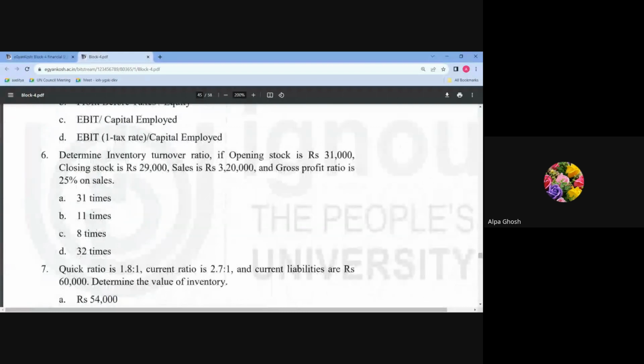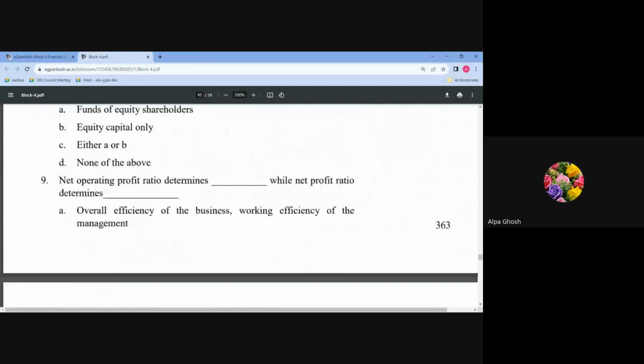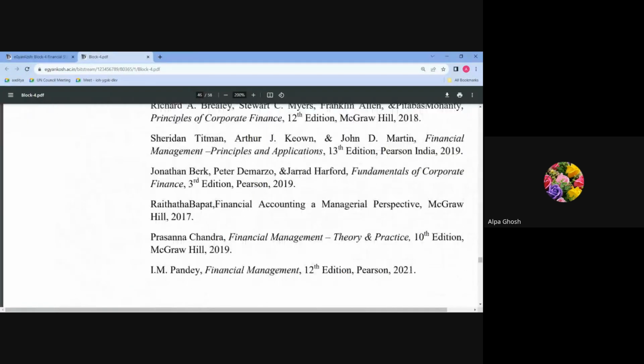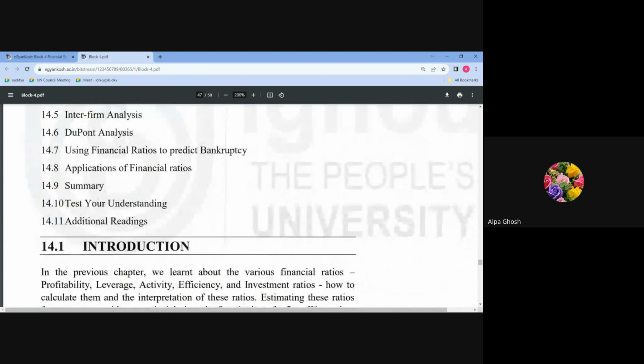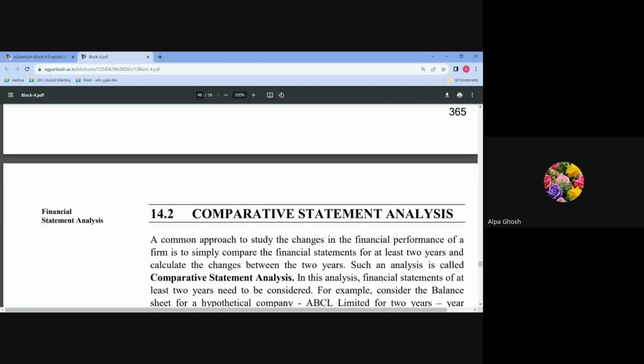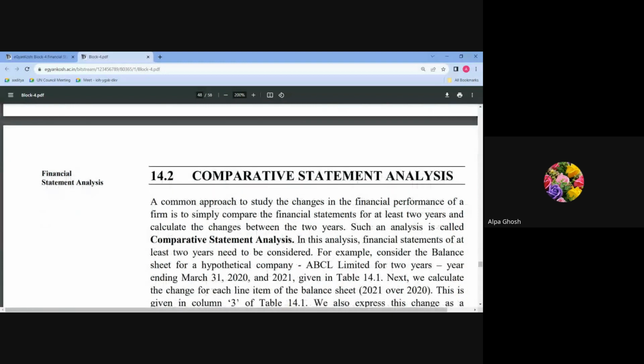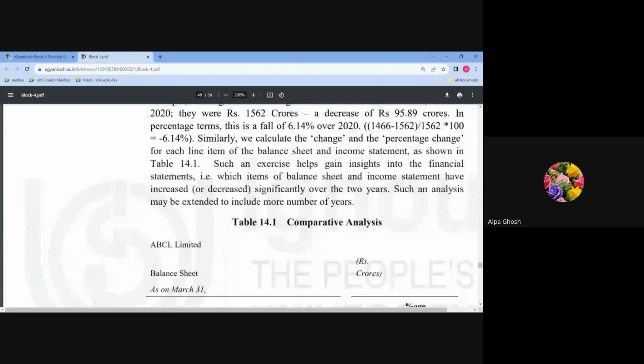Now we are coming to the last one, and the last one talks about trend analysis, comparative and common size statements. In this, we are going to start first with the comparative statement. Comparative statement means that we take at least 2 years of balance sheets and then we compare them.